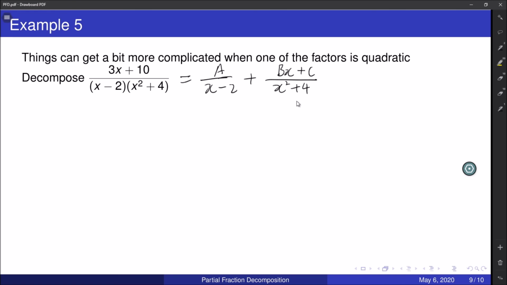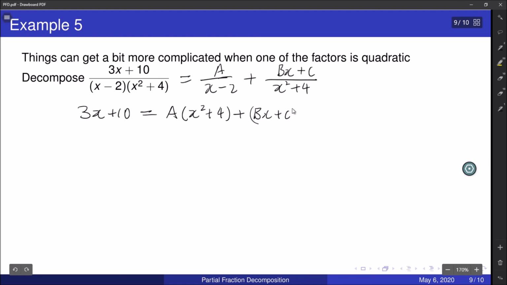Of course, the start is exactly the same. We multiply everything by the denominator, so we end up with 3x plus 10 equals a(x squared plus 4) plus (bx plus c)(x minus 2).